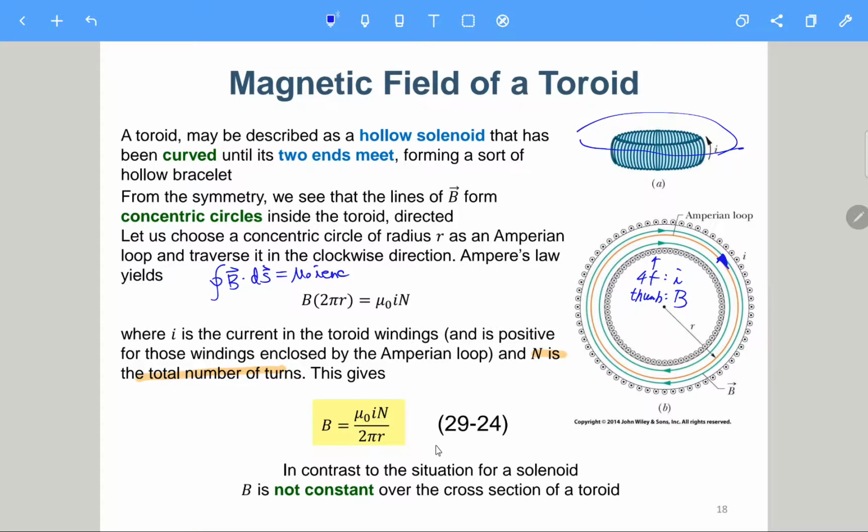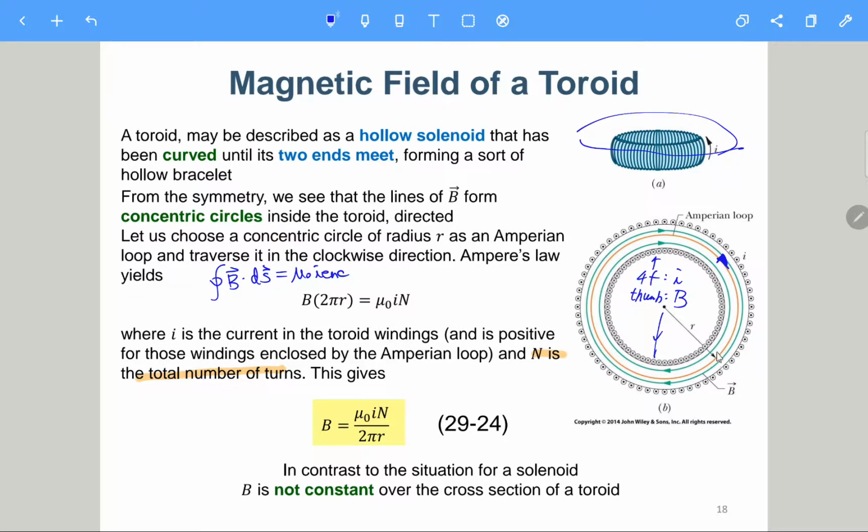So the magnetic field inside the toroid is not actually uniform. It is slightly related to the radius, although usually this part will be much stronger than this part.